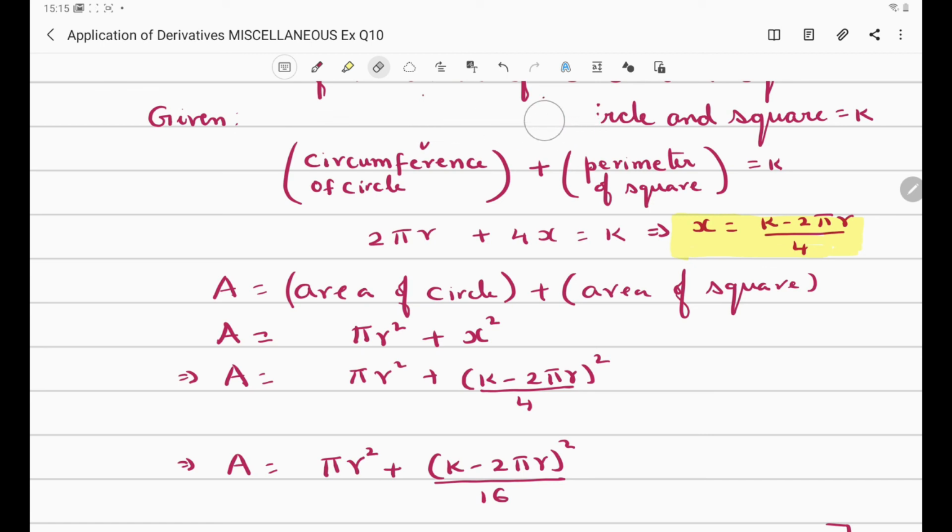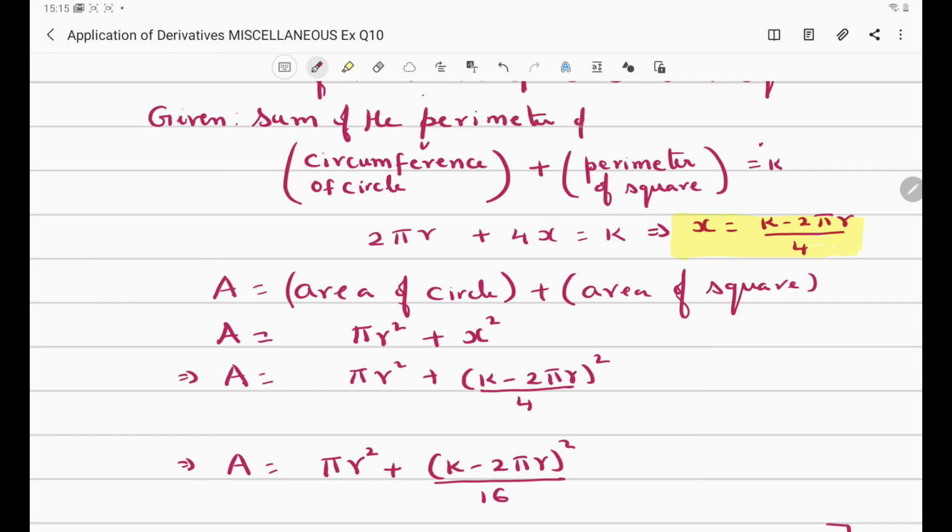So we can write the sum of the perimeter of circle and square equal to k.